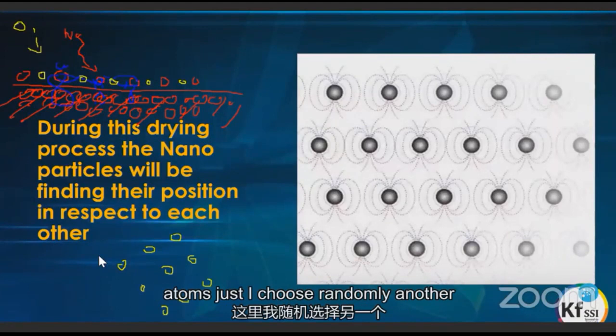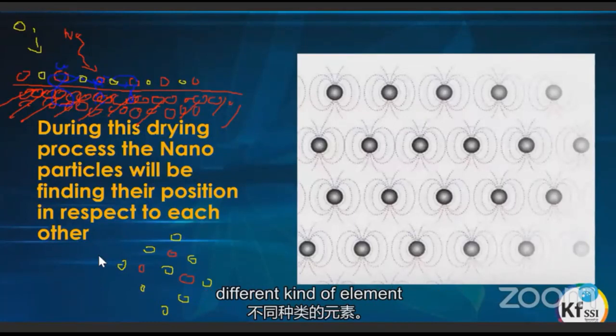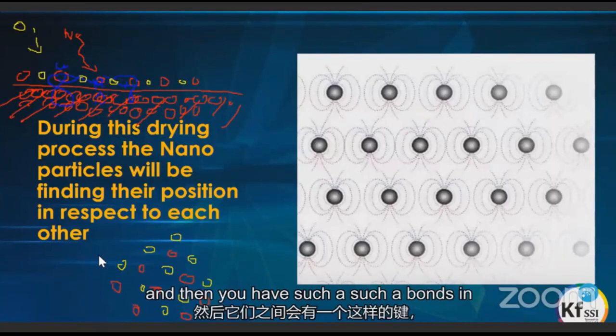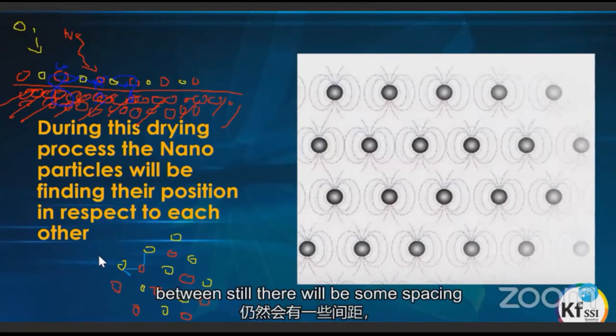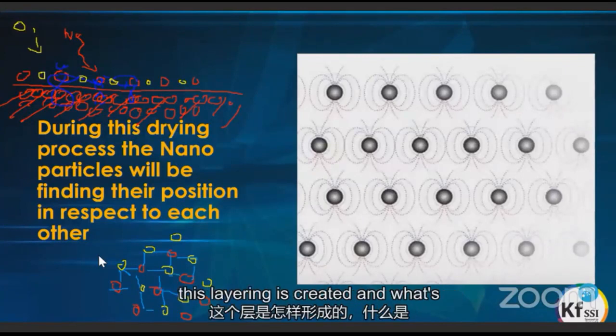If I choose randomly another color, color doesn't mean anything, just a different kind of element. And then you have such a bond in between, and here there will be some spacing in between. So this is to understand how this layering is created.